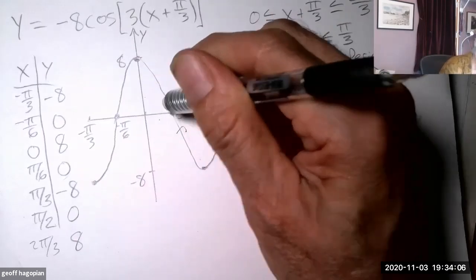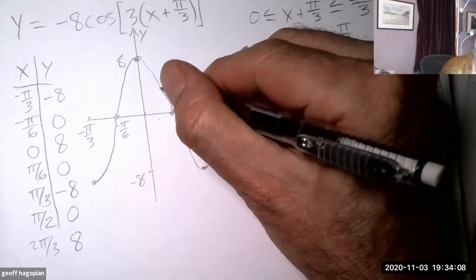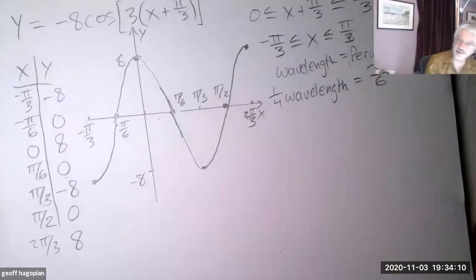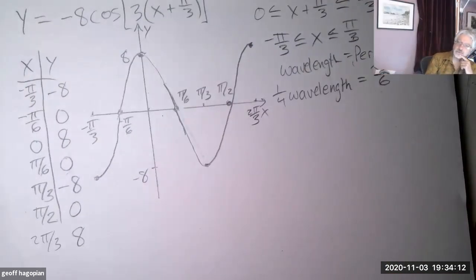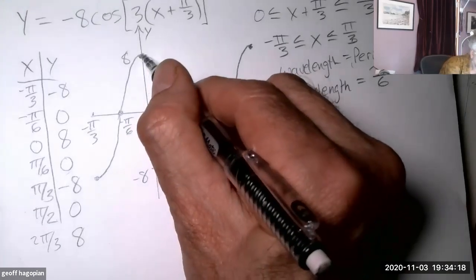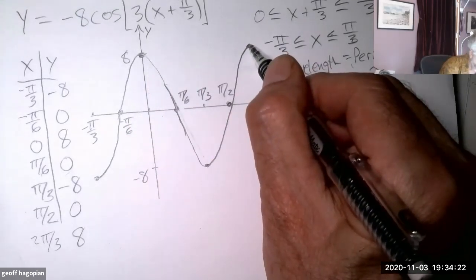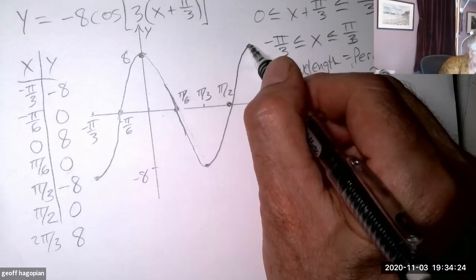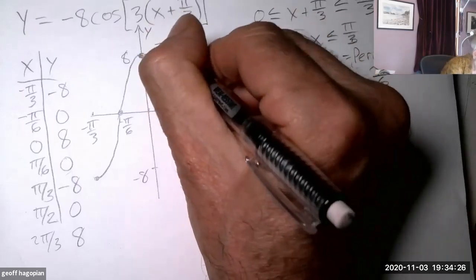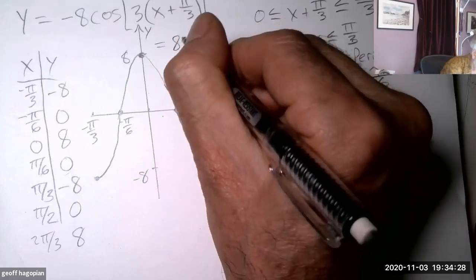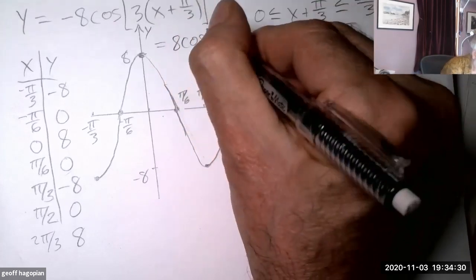It should be a smooth line there, right? So that's a cosine function. So if you just looked at the part that starts at a peak and ends at the peak, you'd say, well, there's no shift at all for that. And I could write this as positive 8 times cosine of 3x.